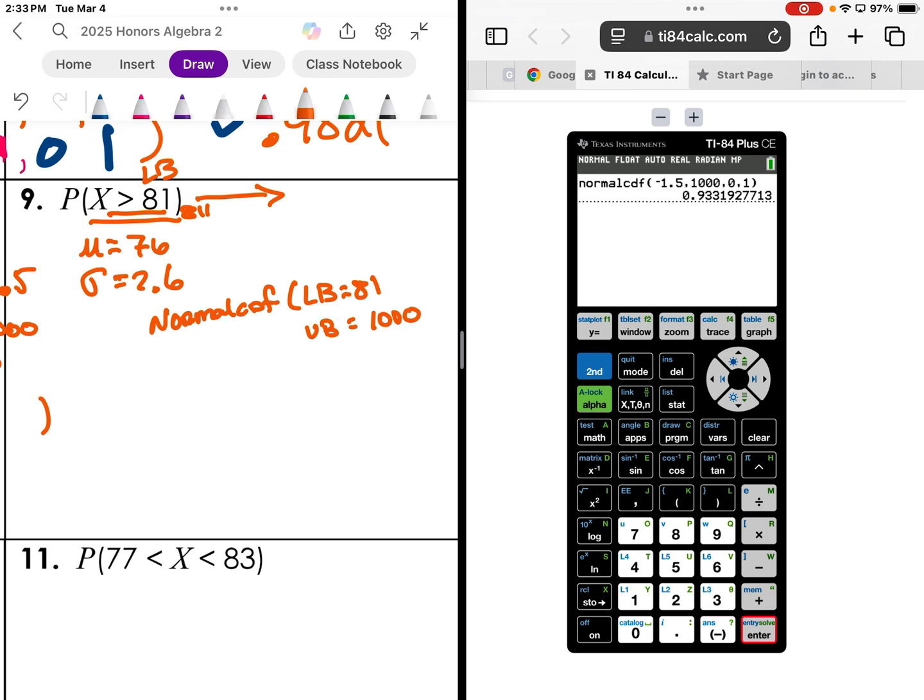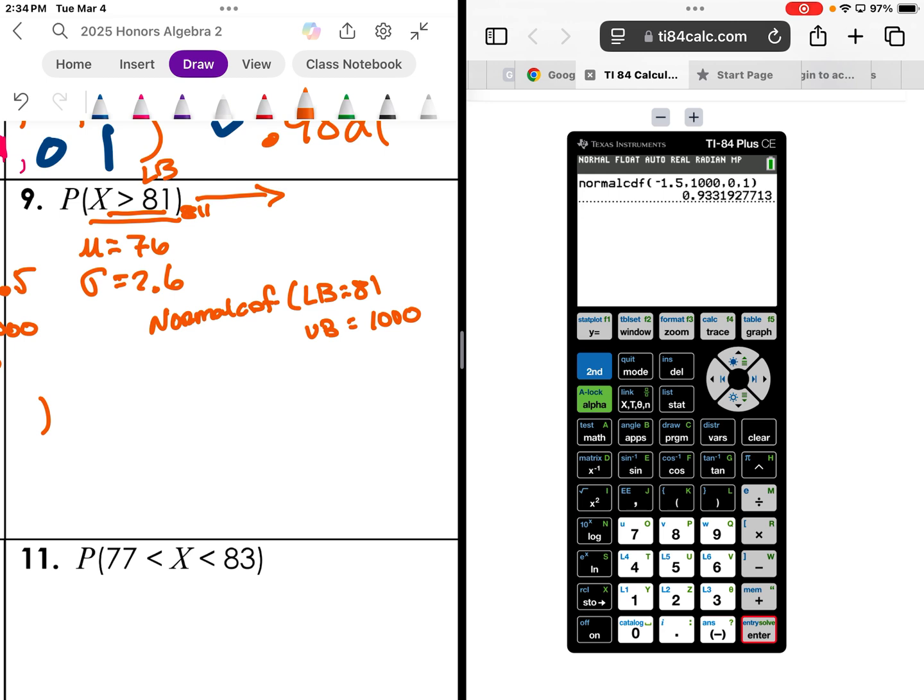So 1,000 is fine as an upper bound. If you want to use 10,000 or 1,000,000, that's fine. Theoretically you can't hit it that far unless you're Superman or on the moon, where there's no gravity to stop the ball. We just don't want to stop at 100, because you can hit 100 yards. We need to make sure we're counting all the other stuff.